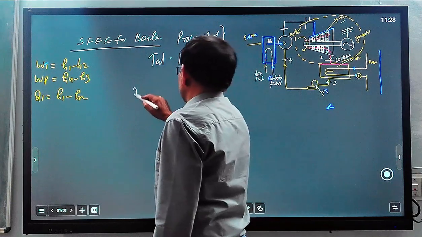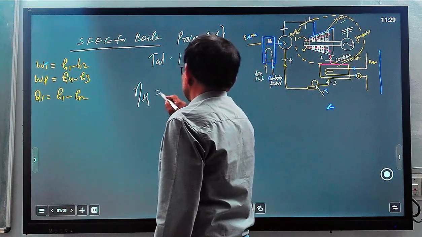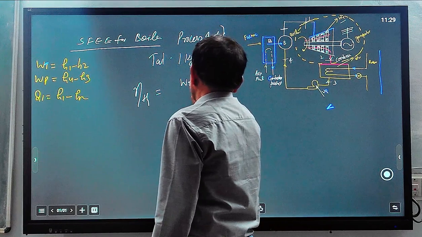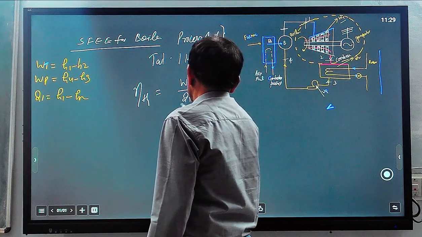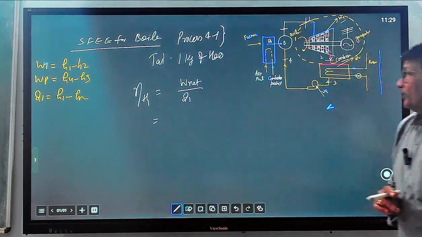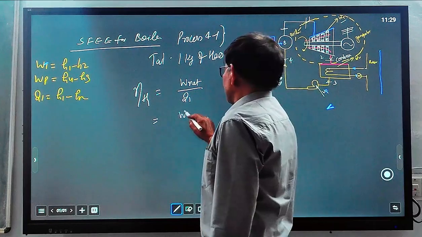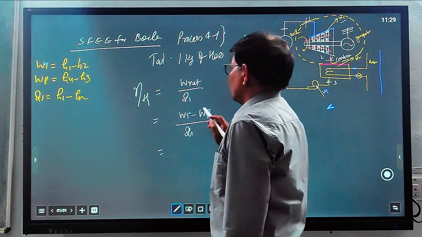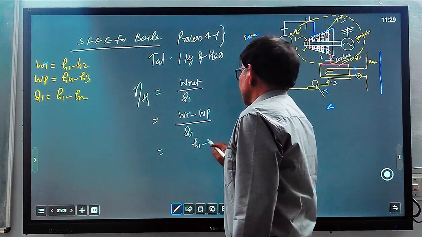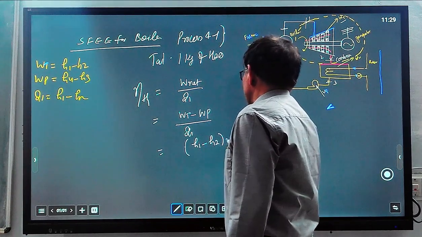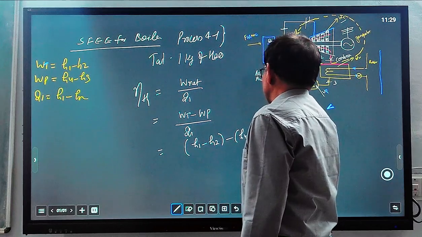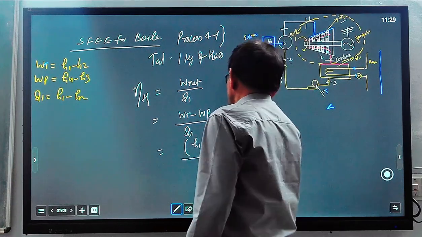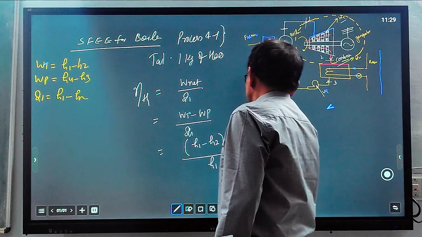Already we have defined thermal efficiency of the system as W net upon Q1. So W net equals Wt minus Wp, upon Q1. That is equal to (H1 minus H2) minus (H4 minus H3) upon (H1 minus H4).